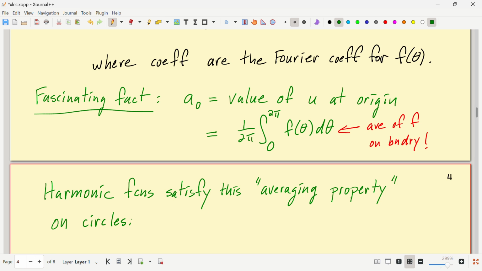And it's a fascinating fact that characterizes harmonic functions. It turns out if I had a continuous function that satisfied that averaging property, it would be differentiable and satisfy Laplace's equation. That's kind of a mind-blowing thing, to start out with continuity and end up with something differentiable.